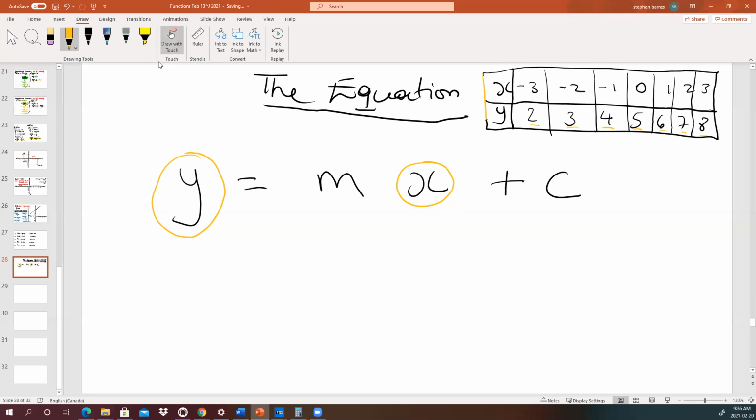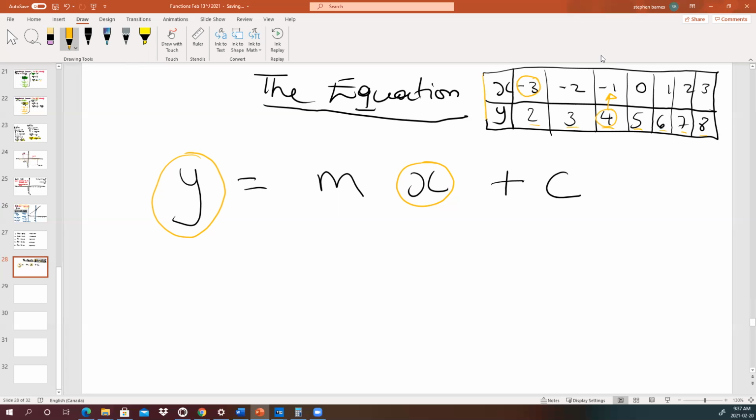The other thing I want you to note about this y and x value is that when you are using them, it must be from the same pair, right? So if you plug into this formula right here, you can't use this y. You're using y to be 4, and you can't use x to be -3. If you're using y to be 4, you have to use the corresponding x value, all right?